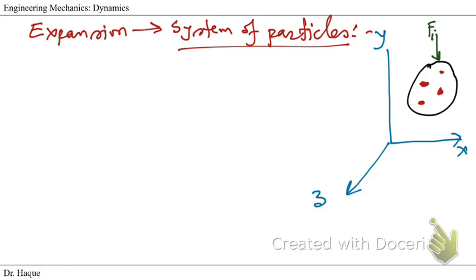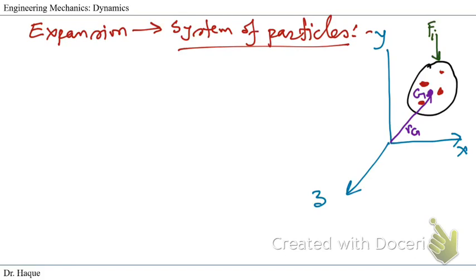We can also define a center of mass. We can define it as point G, and the position of the center of mass is defined by r_G.